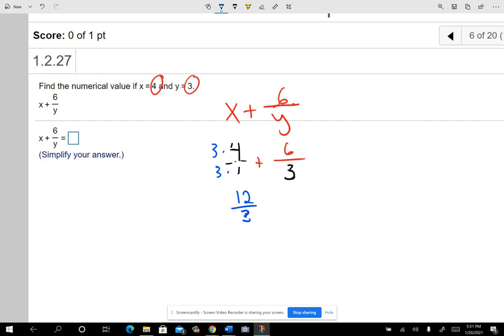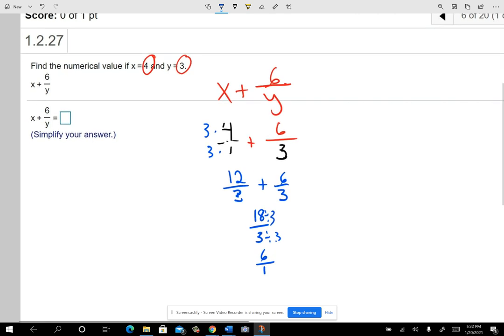That first fraction is equivalent to 12 thirds. And then I was adding 6 thirds. 12 thirds plus 6 thirds would amount to 18, but they're still thirds, so don't add the denominators. Then 18 divided by 3, you'd get 6 over 1.